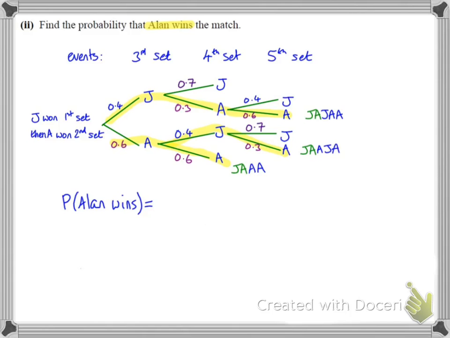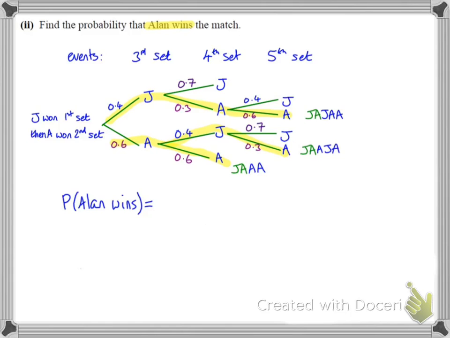So to calculate the probabilities, we need to have the first 2 sets already played, and then on this top branch, we need Jimmy to win, and then Alan to win, and then Alan to win. So we multiply along the branches. That will give us the probability of this scenario where Alan wins.